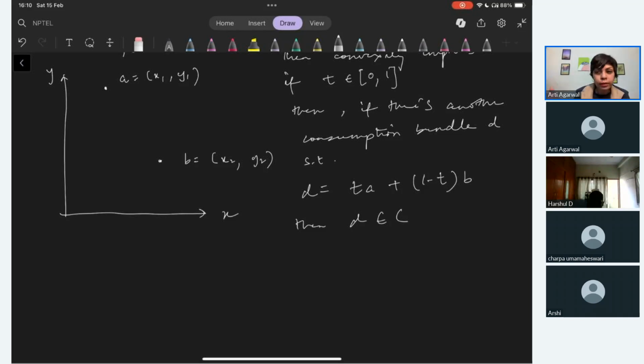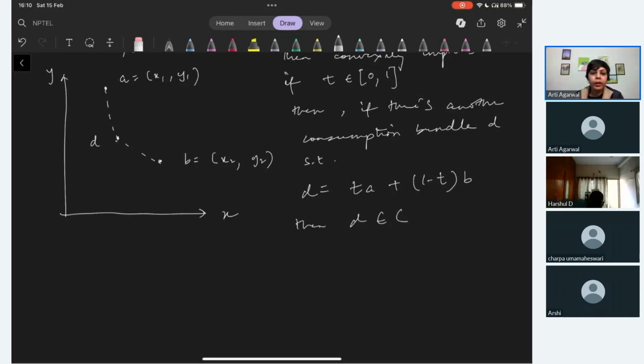Say suppose this is the third bundle, D, and this is your t and 1 minus t, a linear combination. Then this D is also going to be a part of that same consumption set.